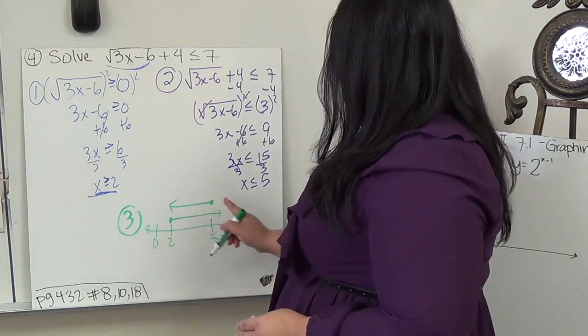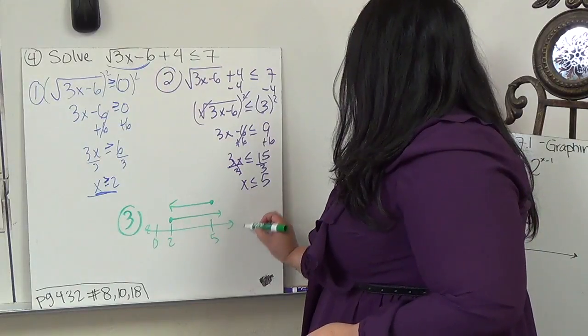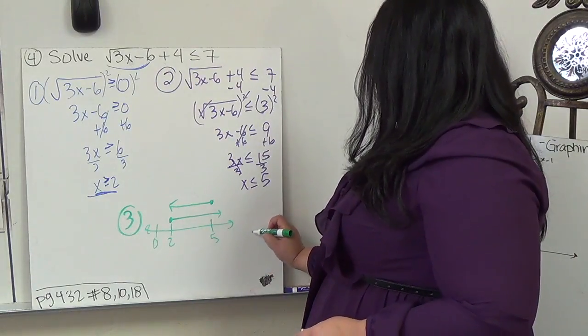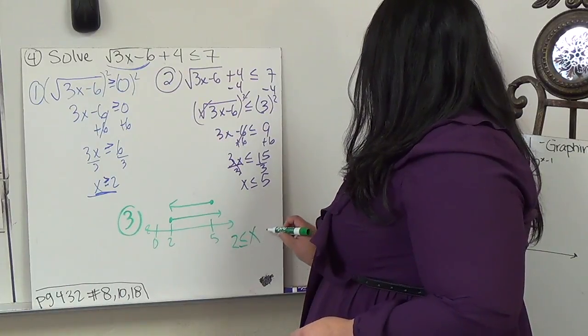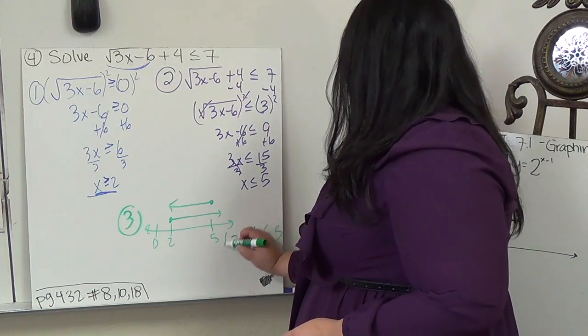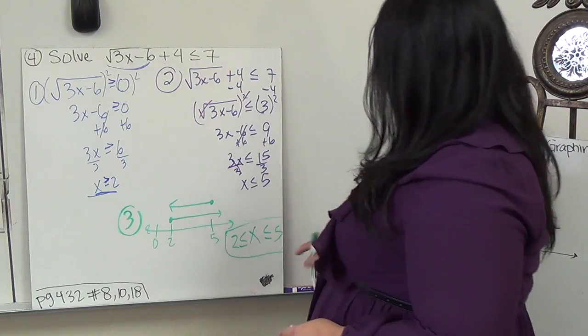So that means my answer has to be between 2 and 5. So x has to be bigger than or equal to 2, but less than or equal to 5. And that's how I write it.